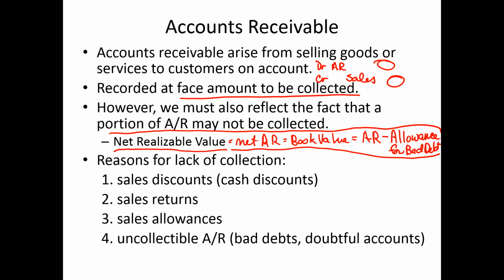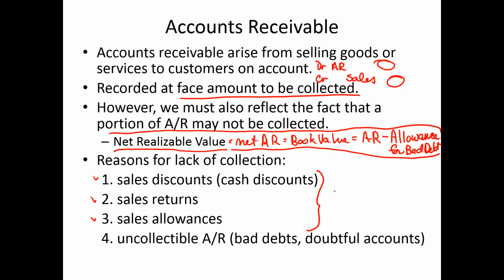You could also have customers returning things to us, which are called sales returns, and we could also give some allowances such as a rebate, a coupon, or something like that, and those are called sales allowances.